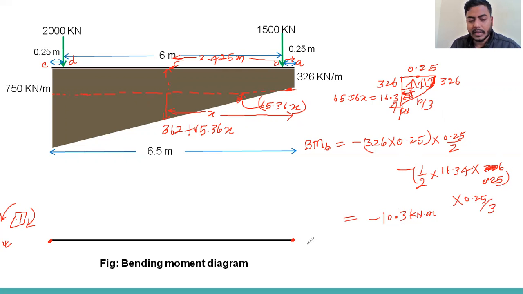And that will also not be linear, so that will be parabolic. So we can write minus 10.36 kilonewton meter. Now, B is clear. Now we can calculate the bending moment at point C.